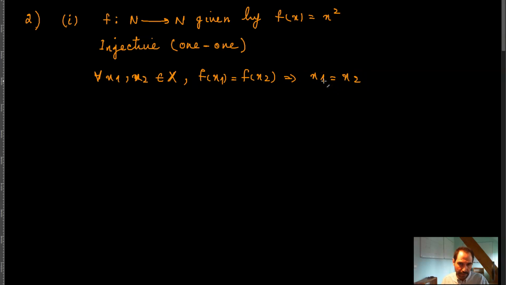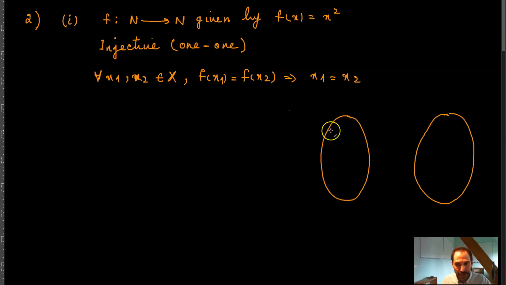Meaning that if the f of x's are the same, we are basically talking about the same points, so this kind of situation cannot exist if the function is injective. For example, you have the members a, b, c, d, and 1, 2, 3, and 4.